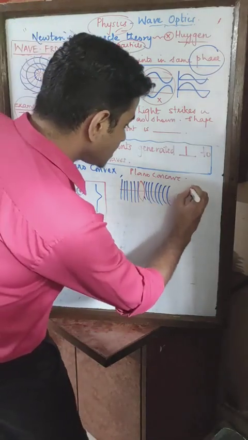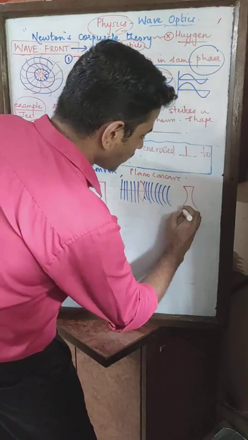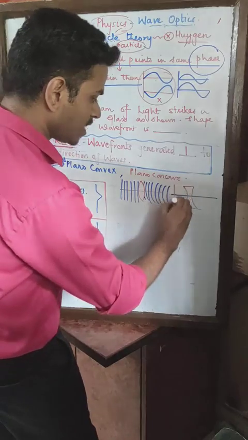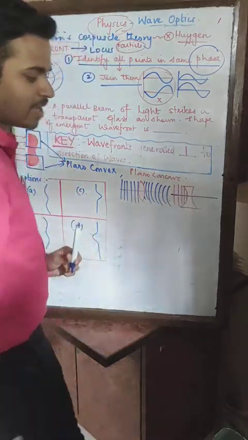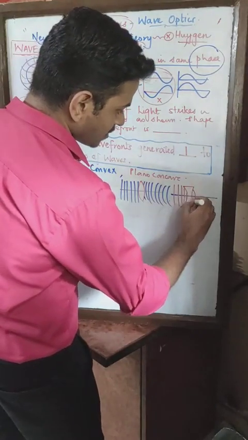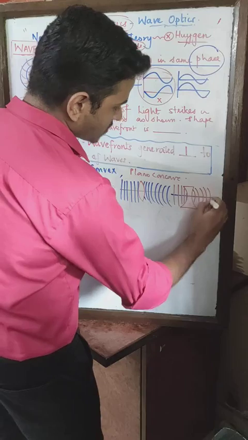In the concave case, if this is the straight incoming light, you will get this sort of structure.